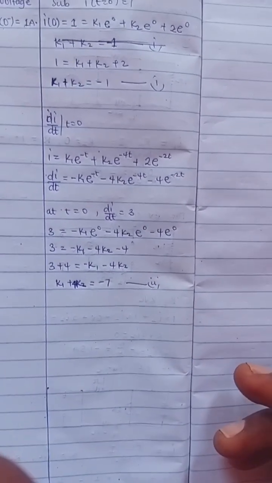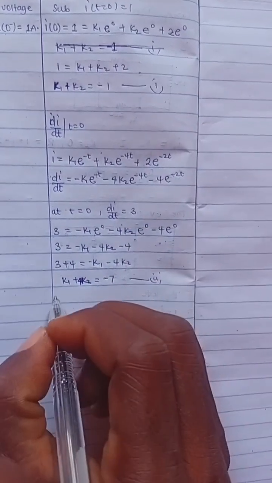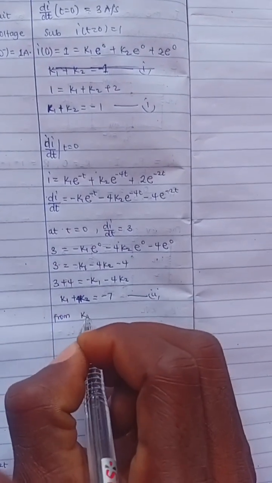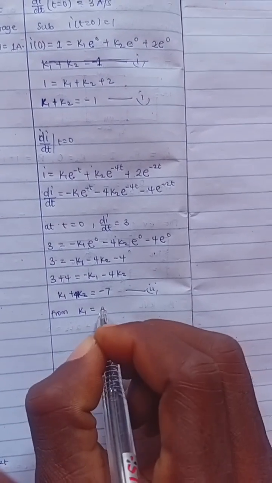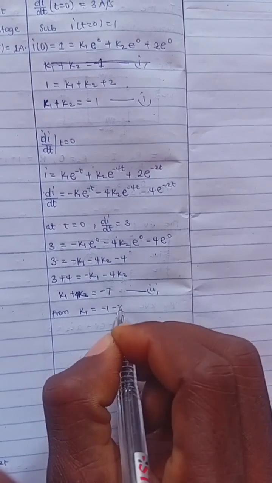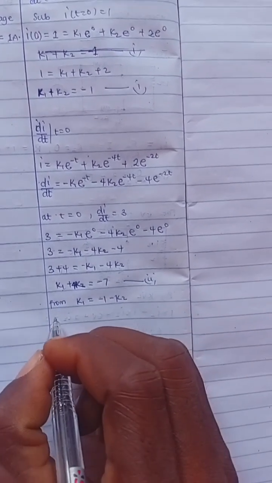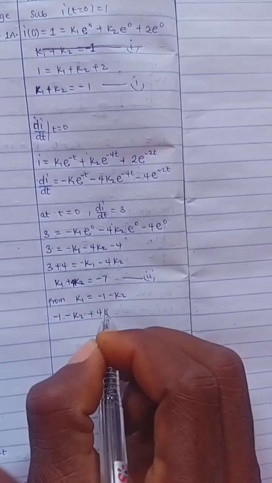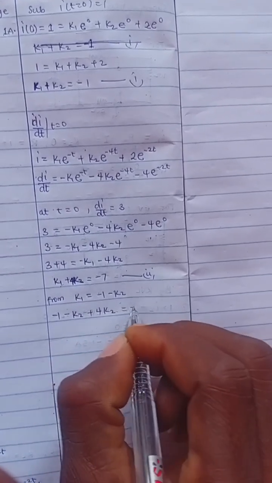So if you have a second equation and equation 1, from equation 1, we have that your k1 is equal to minus 1 minus k2. So substitute that into this place. You have minus 1 minus k2 plus 4k2 is equal to minus 7.